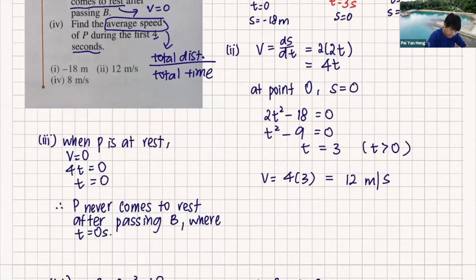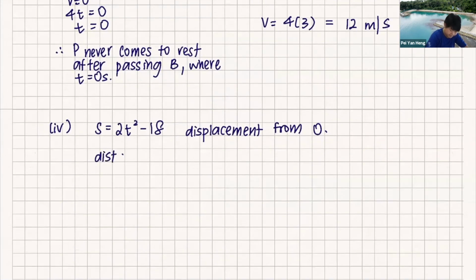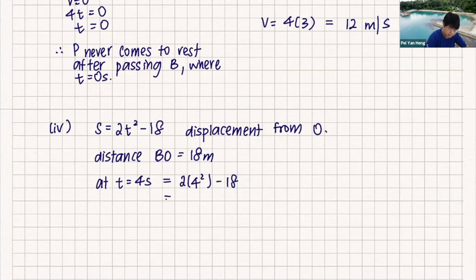We know that distance BO is 18 meters. At t equals 4 seconds, 2 times 4 squared minus 18 gives me 14 meters.